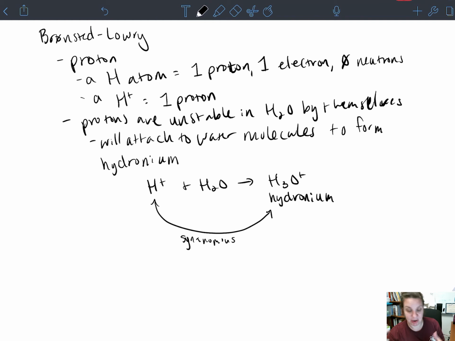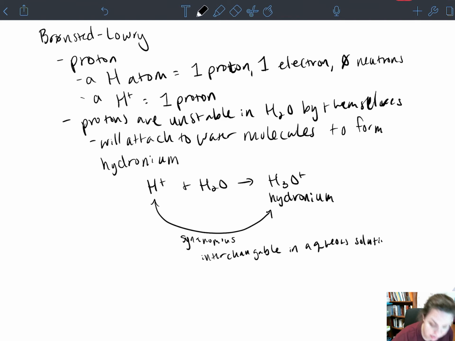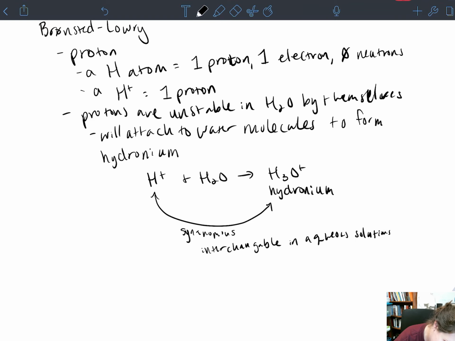So we can use them interchangeably, specifically in aqueous solutions. So if we have an acid dissociating, producing H plus ions or protons, they are going to then attach to a water molecule to produce hydronium.